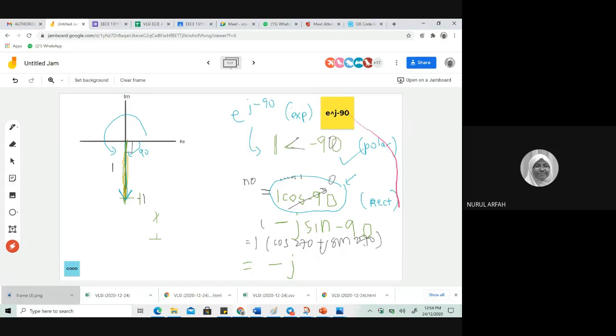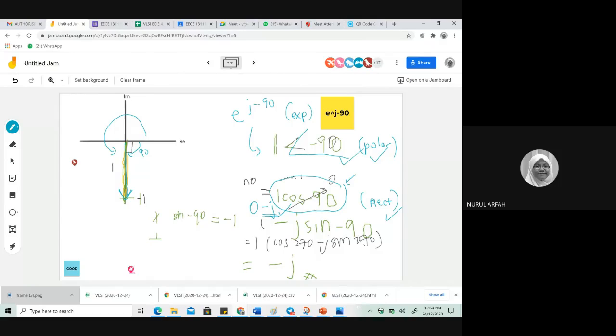Can you use your calculator and find it? -1. Yeah, -1. So do not need to write down the sine negative 90 degree. You just write down 0 minus j, or you just write minus j is enough. So this is in rectangular form, and the one with negative 90 degree is the polar form.